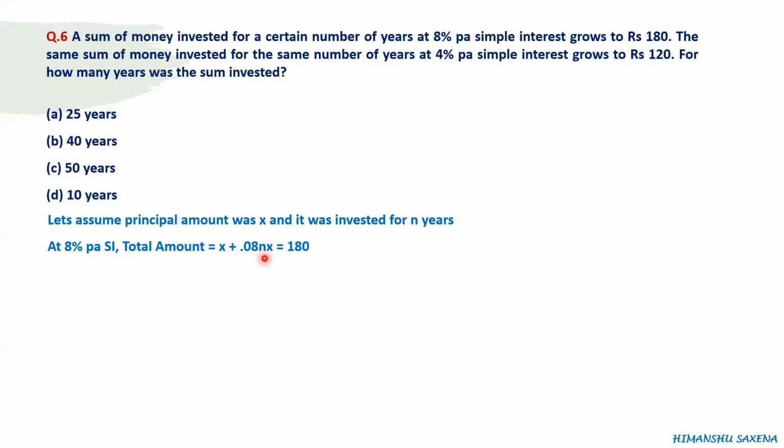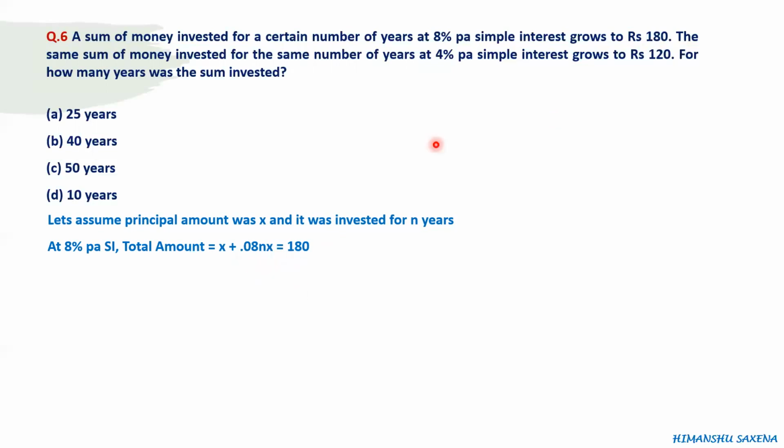The interest is principal amount into number of years into interest rate, so x into n into 8 by 100, which we have written as 0.08. So x plus 0.08nx is equal to 180, which is the amount he gets after n number of years.